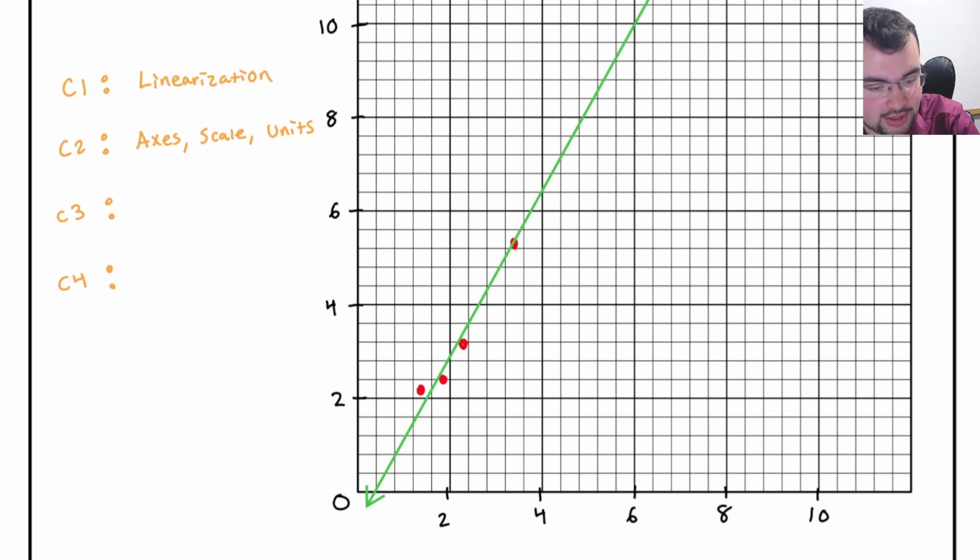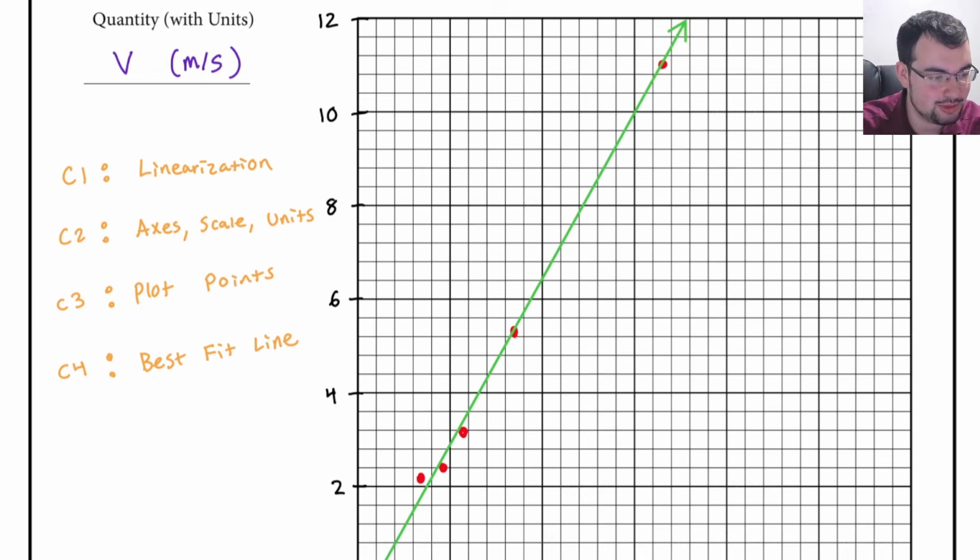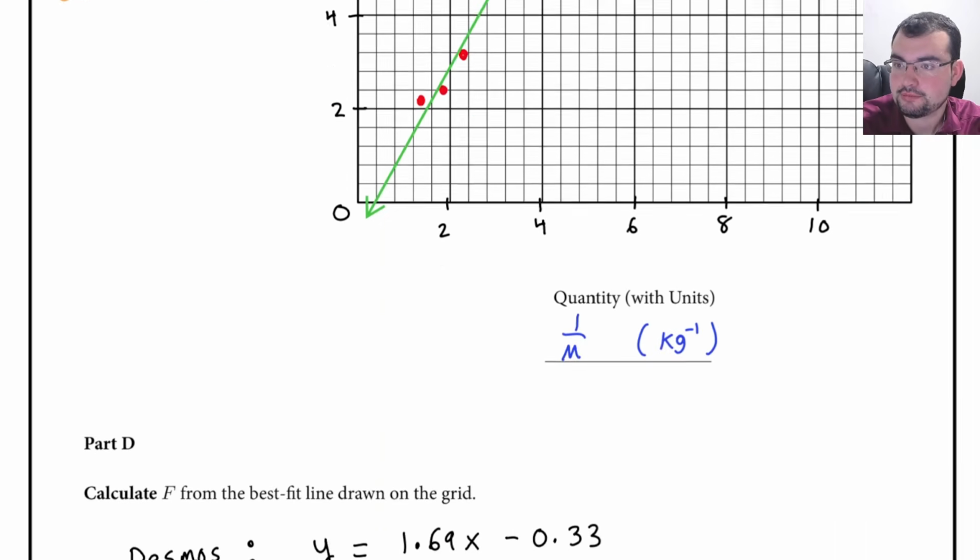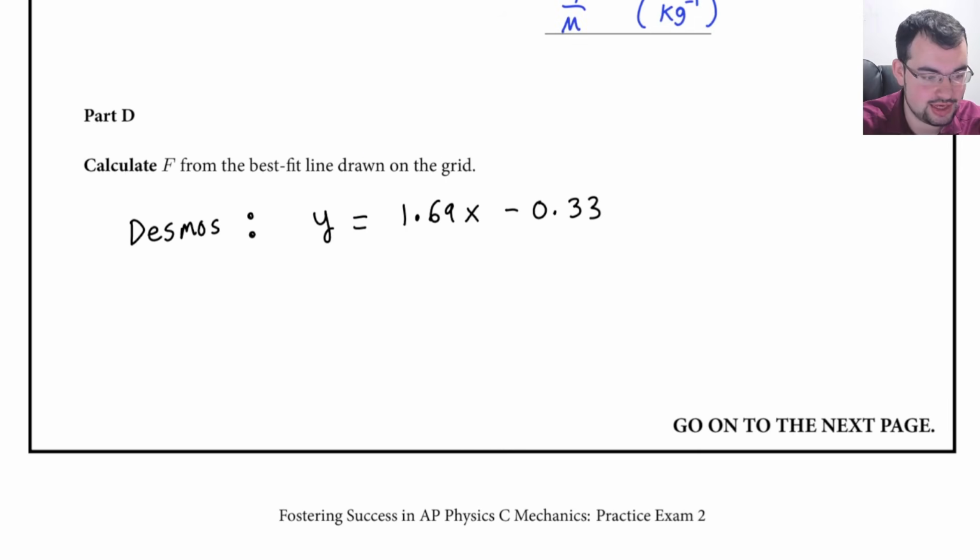Now for C3, you just got to plot the points. Very few people did not earn C3 on the questions I graded. And then C4, you get your best fit line, or curve if you know it's not linear. So just a reasonable best fit line. I just used Desmos to get my best fit.